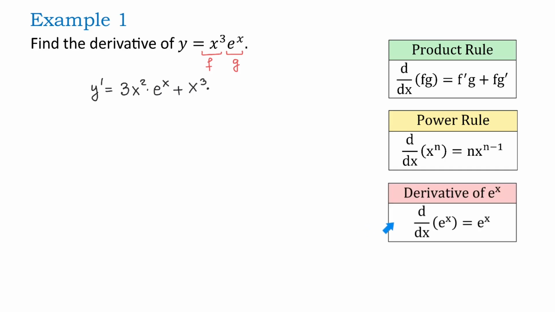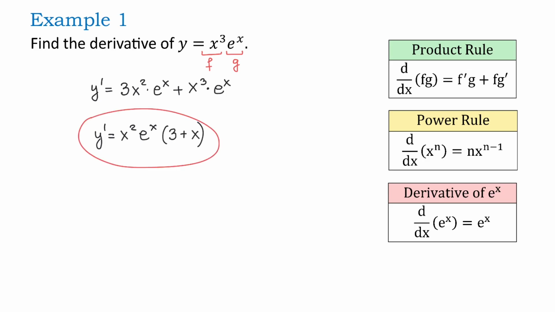And the derivative of e to the x is still e to the x. So we will have x cubed multiplied by e to the x. So we found the derivative using the product rule, and if needed, we can factor out x squared and e to the x power. Then we will have y prime equals x squared e to the x power times 3 plus x. And now the first example is completed.